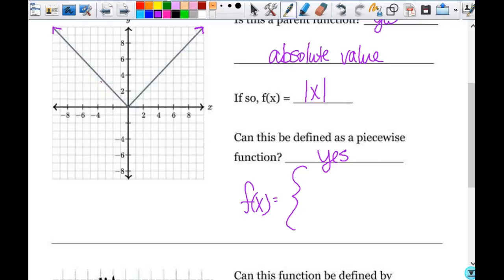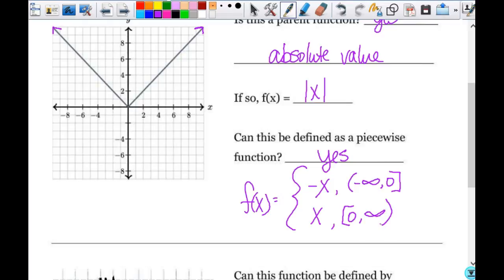So we've got f of x equals negative x, and f of x equals x, and then we have to define the intervals for which we're looking at both of those. The negative x part we only get from negative infinity to what? 0. And then we get x from 0 to infinity.